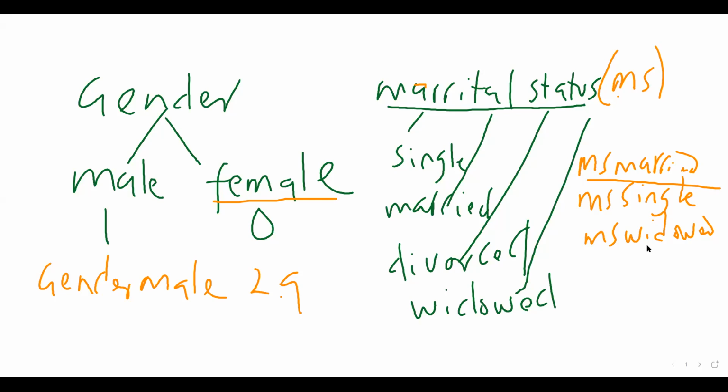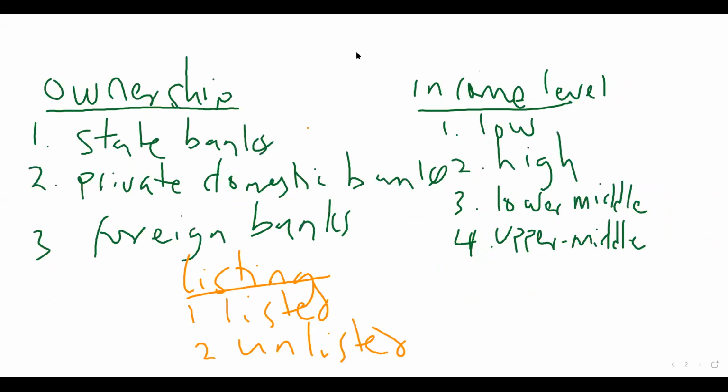Okay, now let's go to our previous one that we had, the one for the banks. In this case, let's represent ownership by OW.